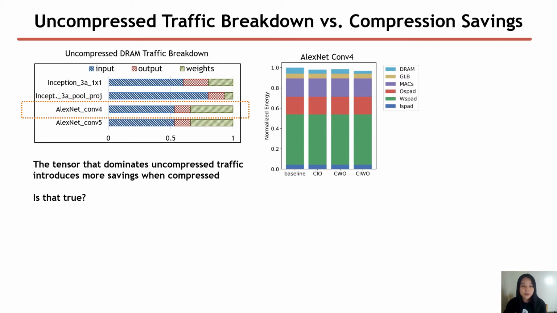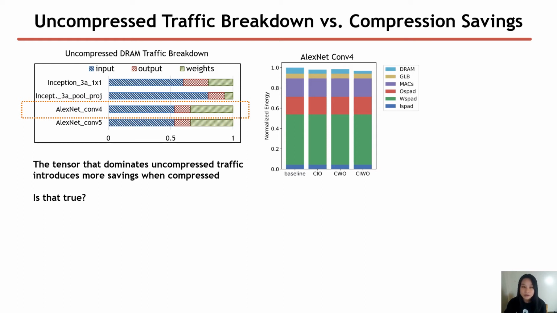For example, in AlexNet convolutional layer 4, inputs is the dominant DRAM traffic access, and that means we probably want to compress inputs more compared to weights in order to save more. And although the difference is pretty slight, you can still see that we are saving more when we are compressing inputs. But is this true?